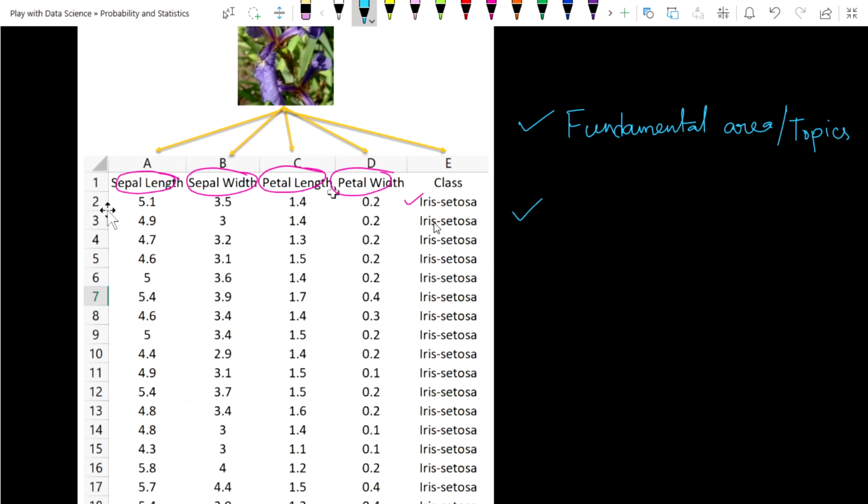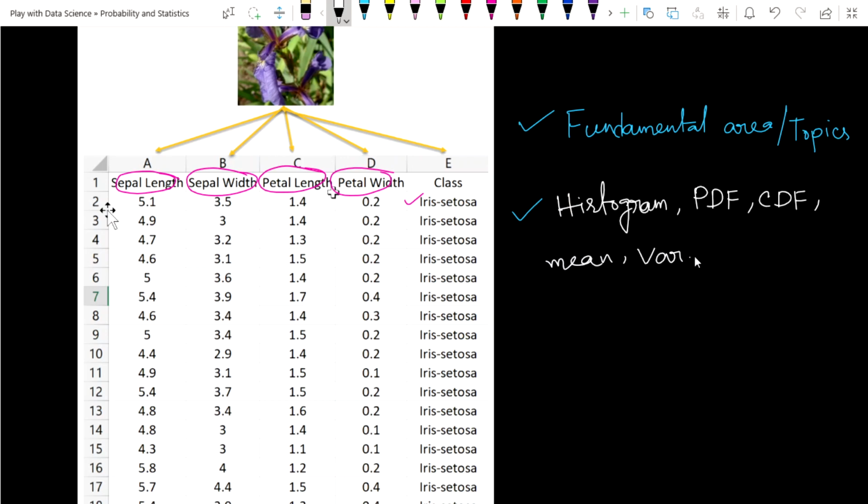Okay, now let's see step by step. Already we have seen in our previous primary level the concept of histogram, the probability density functions concept, the cumulative density function concept, the mean concept, the variance concept, the standard deviations concept, and also many things that we have already learned in our primary level.